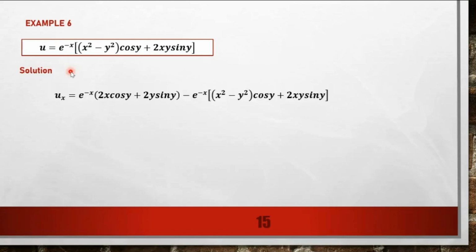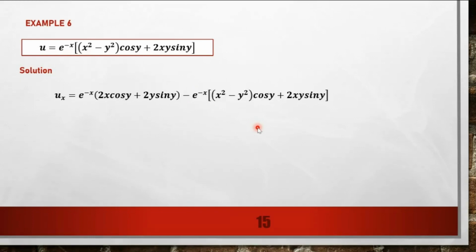So ux क्या होगा? e raised to minus x into ब्रैकेट टर्म का डेरिवेटिव विथ रिस्पेक्ट टू x. ठीक है, तो इसका cos y इज अ कांस्टेंट विथ रिस्पेक्ट टू x. तो x स्क्वायर माइनस वाई स्क्वायर का डेरिवेटिव विथ रिस्पेक्ट टू x हो जाएगा 2x cos y. और यहाँ पे 2y sin y इज अ कांस्टेंट, तो इसका डेरिवेटिव हो जाएगा 2y sin y बिकॉज द डेरिवेटिव ऑफ x इज 1. माइनस ब्रैकेट टर्म इनटू डेरिवेटिव ऑफ e रेज टू माइनस x. e रेज टू माइनस x का डेरिवेटिव इज माइनस e रेज टू माइनस x, है ना.